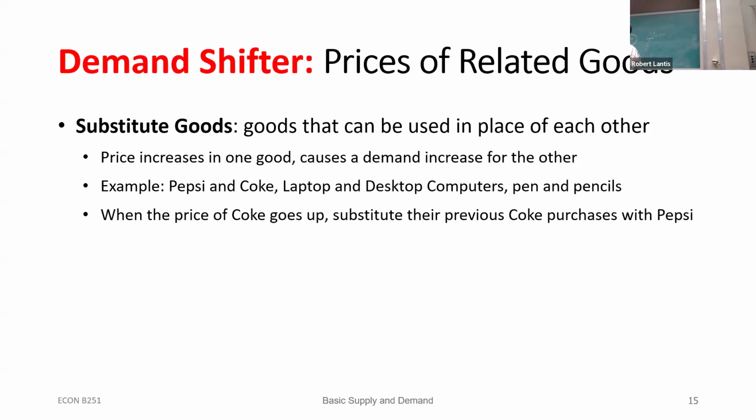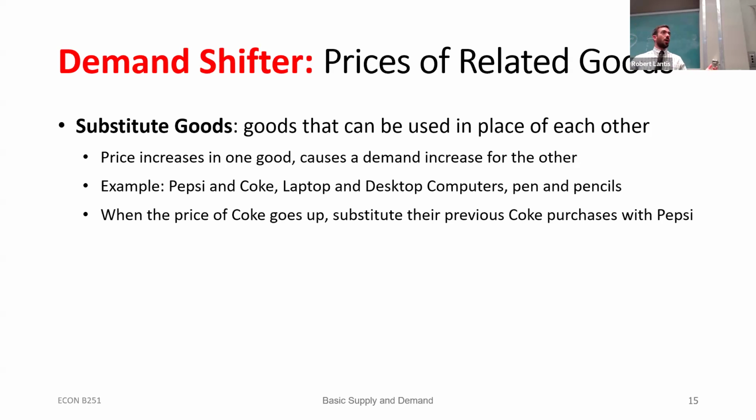Any questions? Yeah. So if you are only concerned with the market for Pepsi, and you see a change in the price of Pepsi, what's going to happen to demand?